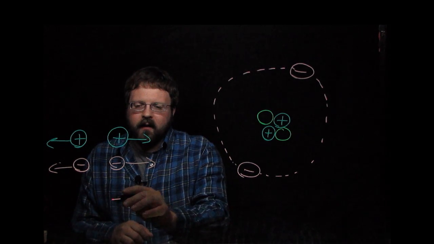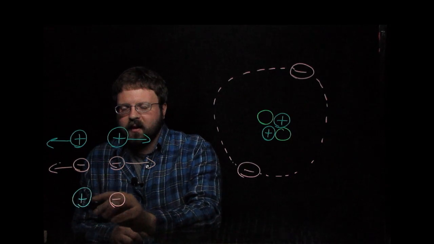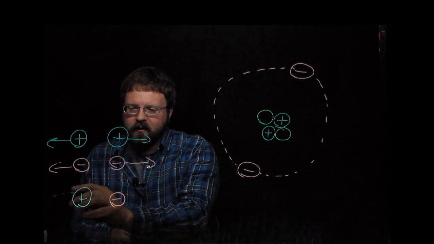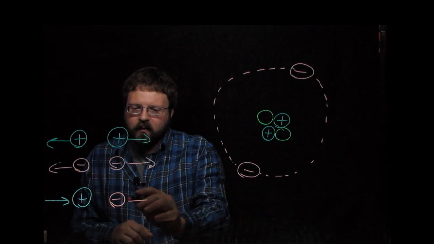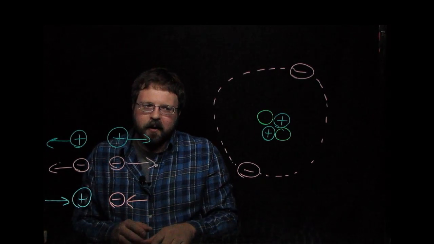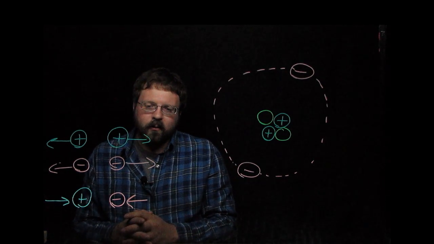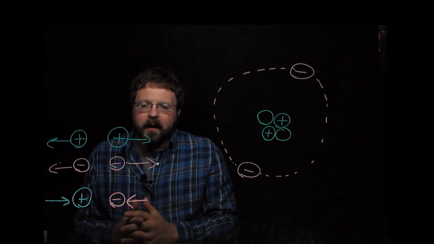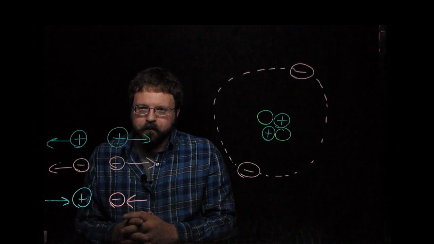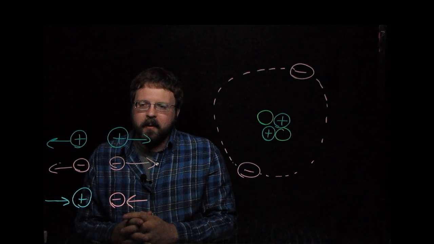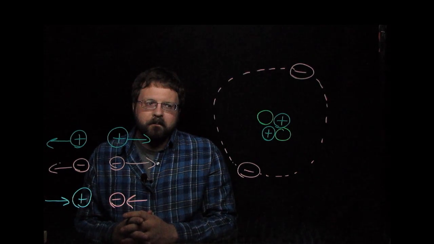Now, if you had an electron and a proton together, now these are opposites, and they would feel an attractive force. So one way to think about this is the so-called opposites attract and likes repel. This basic interaction is extremely important in understanding some of the basics of electricity and how circuits work.